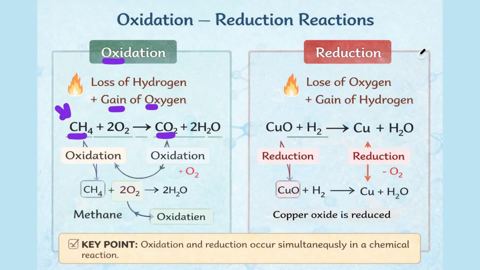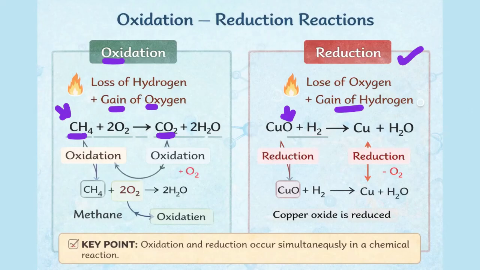Now let's move to reduction. Just opposite of oxidation. Here gain of hydrogen and loss of oxygen. Like here, copper oxide is losing oxygen and changing to copper. So loss of oxygen is happening. That's why copper oxide is getting reduced into copper, right?